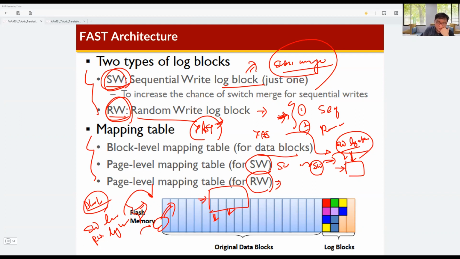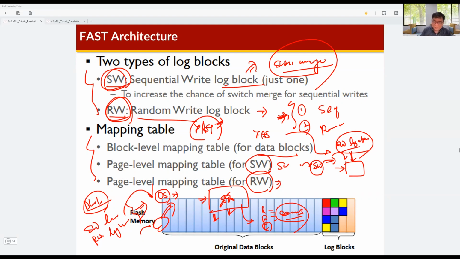Actually, the operating system knows, but the storage device does not know, because the storage device just receives very simple commands such as read, write, erase to certain sectors. So the storage device does not know whether the current write is a sequential write or a random write.